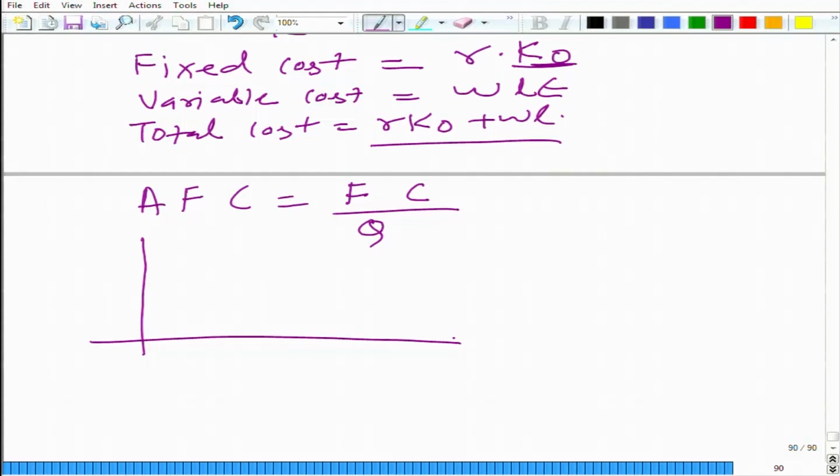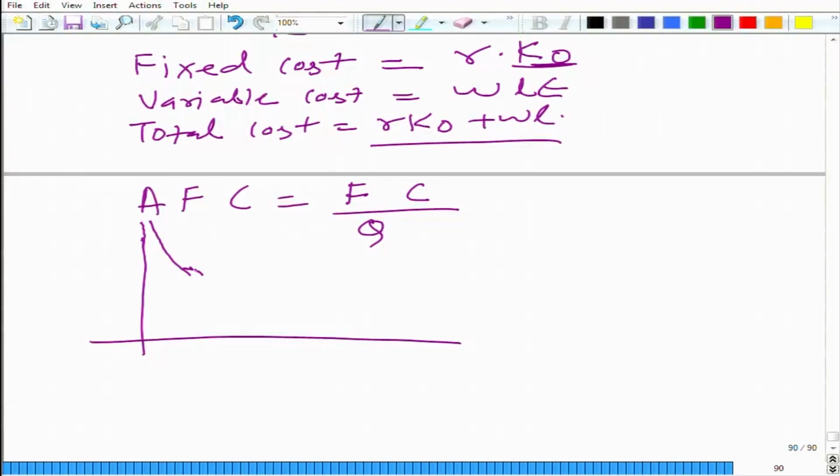Sir, it would shrink to a lower level. So, the line starts from really infinity, because when you have Q almost 0, let us move in the direction towards 0, then what do we get? Really very high fixed cost on average, okay. And as we keep on producing more and more, the fixed cost gets distributed over a large amount of output.